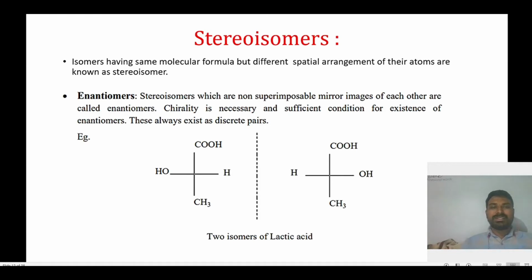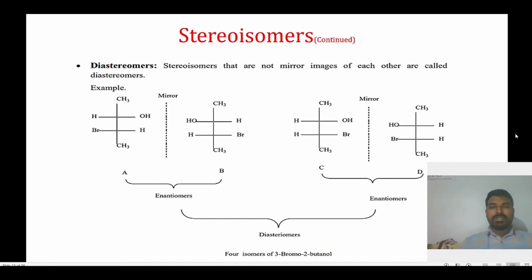They always exist as discrete pairs. See, these are mirror images of each other but are non-superimposable. These are the two isomers of lactic acid. These are enantiomers.